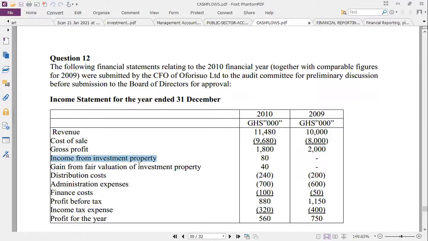So income from investment, we call it investment income. Take it off. I will reverse it because this is a stranger. It is not an operating activity under cash flow, but under P&L we don't have operating, everything goes. That is why it's like that.